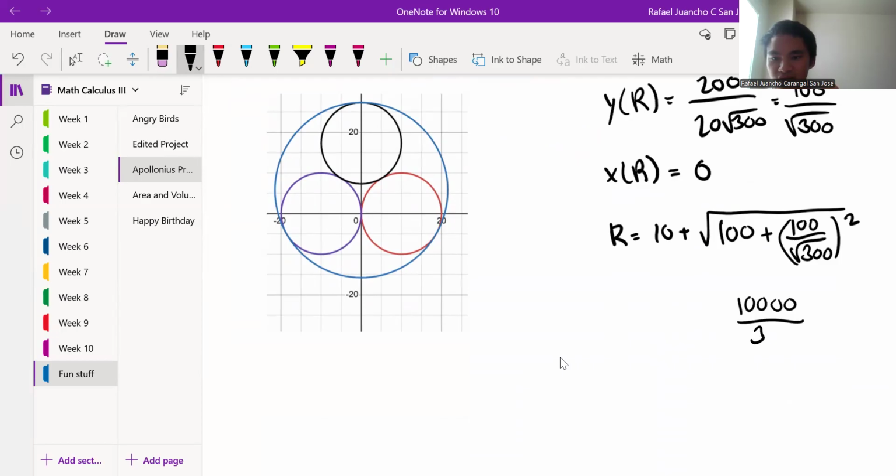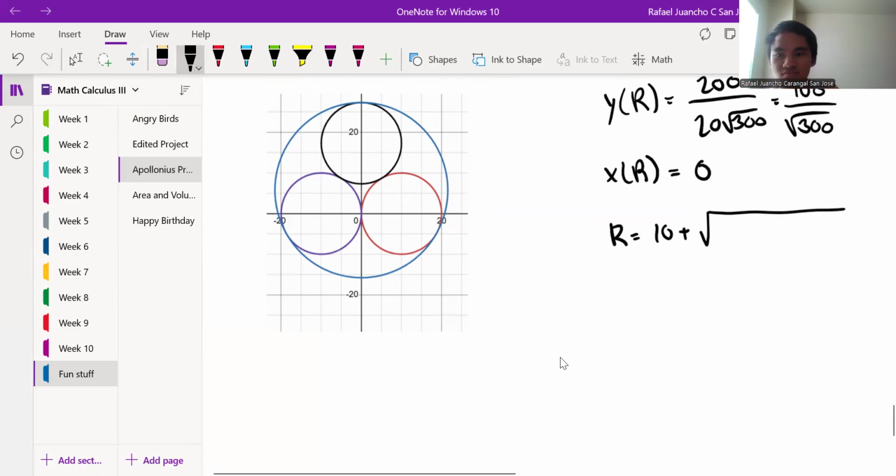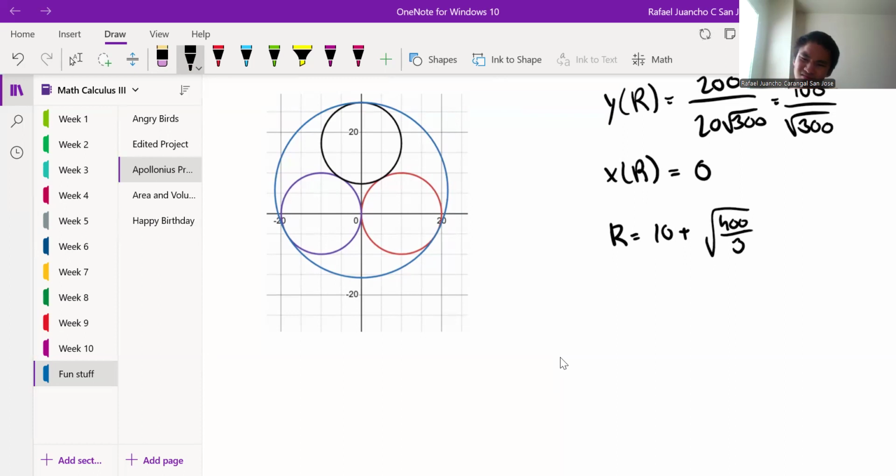I get 10,000 over 300. Yeah, and then I cancel the zeros. So I get 100 over 3 in this case. Here I get 300 over 3. So I get 400 over 3, right? I'm going to leave it at that.